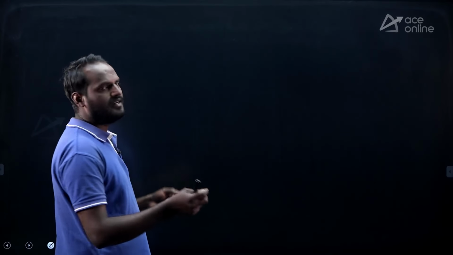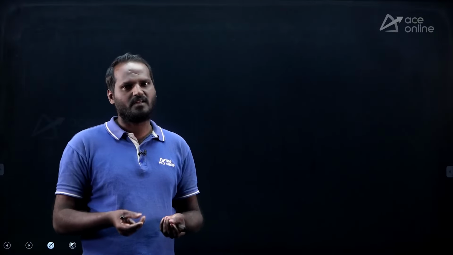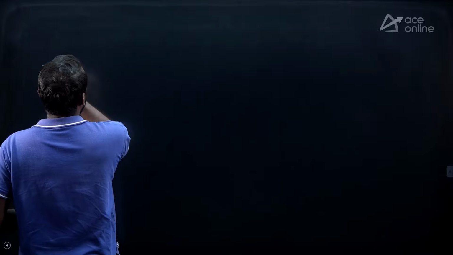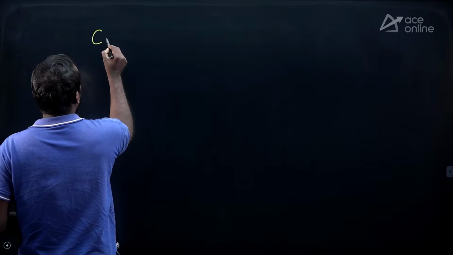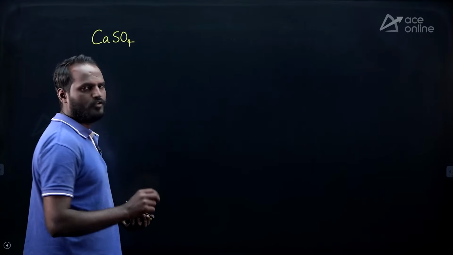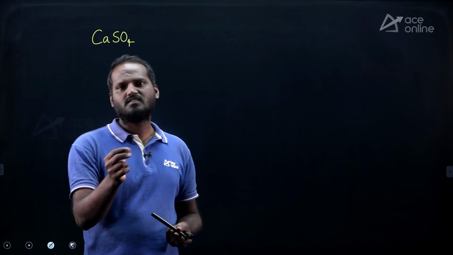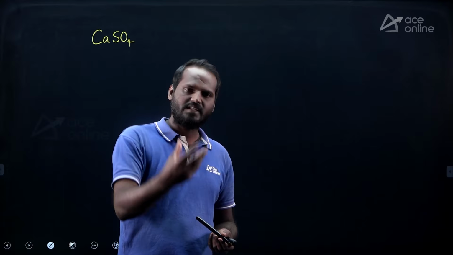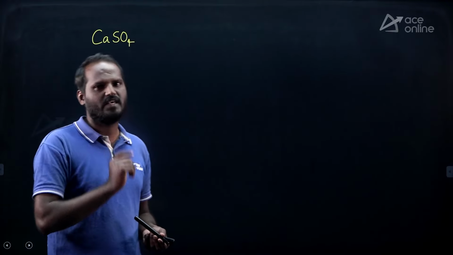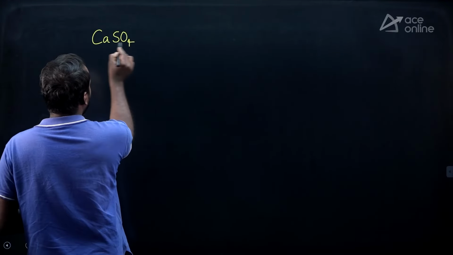Let me write this equation. This chemical equation is not important here, but I want to convey one point. You know already CaSO4. Non-carbonate hardness means the calcium and magnesium in association with sulfate, chloride, nitrate induces NCH. You all know this is NCH, do you agree?